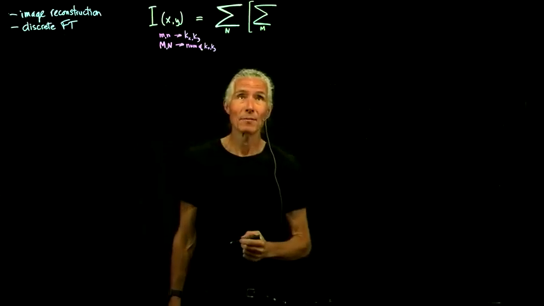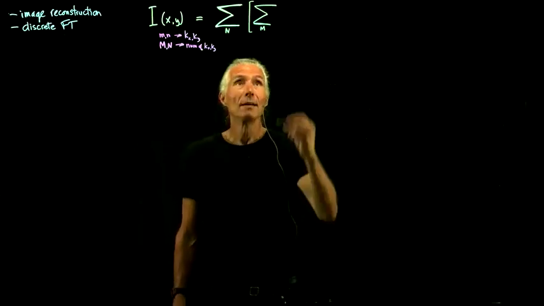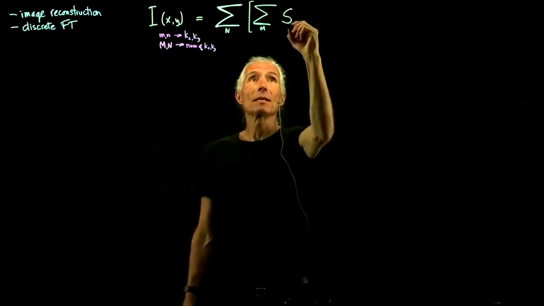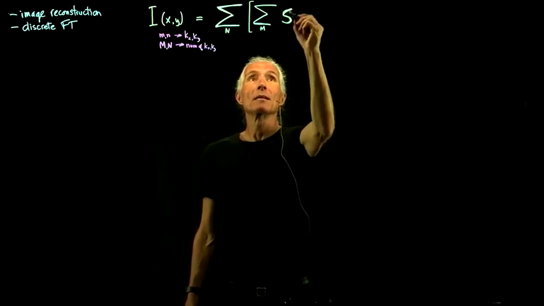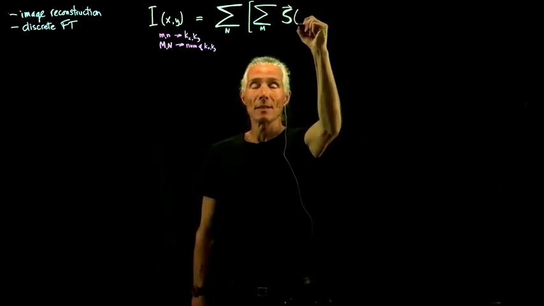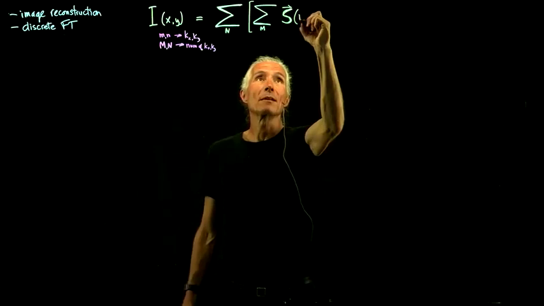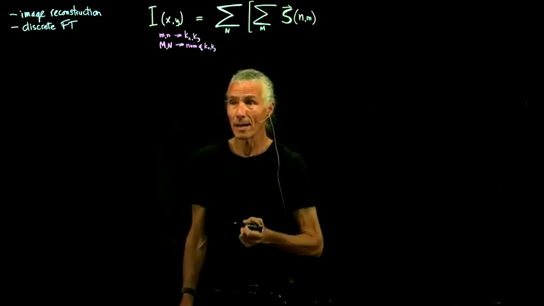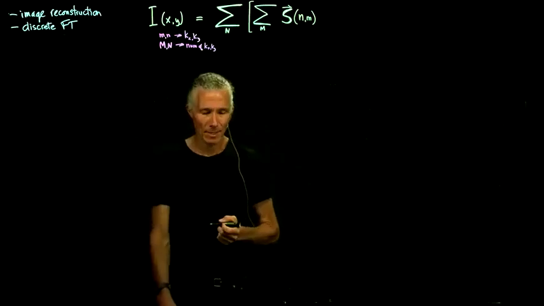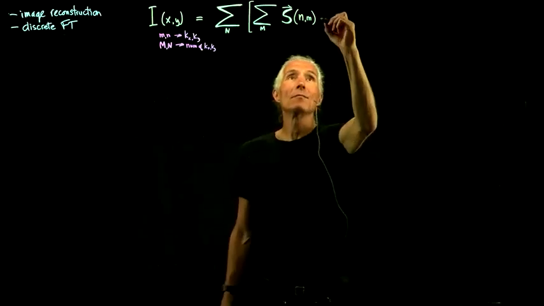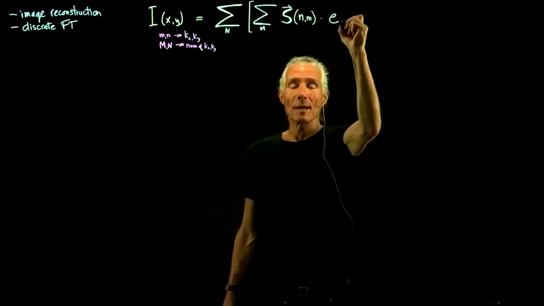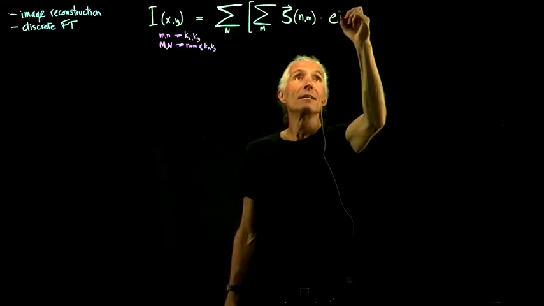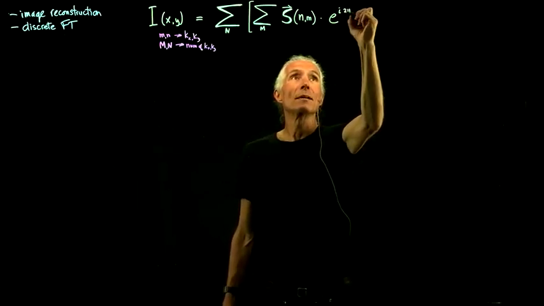That's the kx direction. And what are we summing? We're just summing our signal, a complex valued signal, at a particular integer n and m, instead of infinitely finely sampled n and m. And then we're multiplying by e to the i 2 pi.